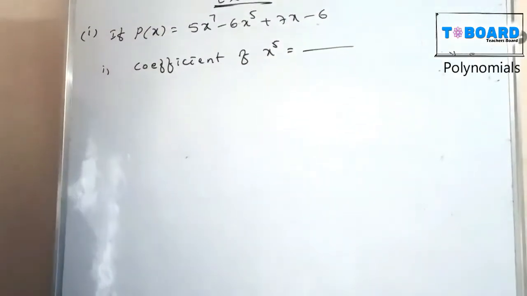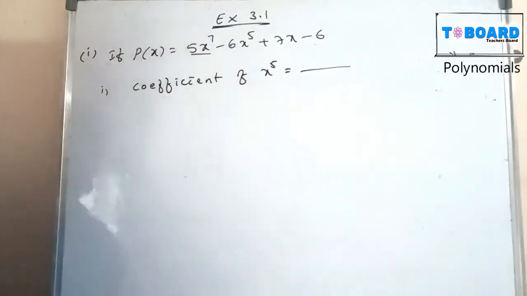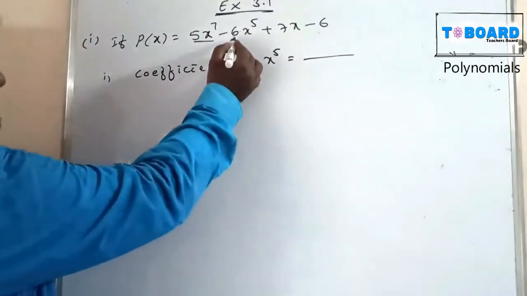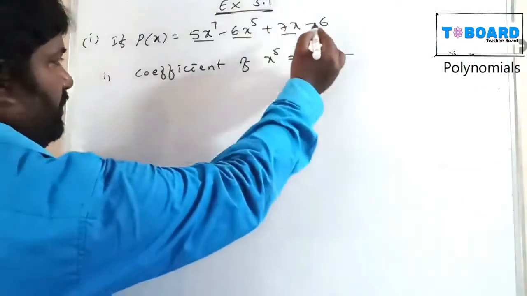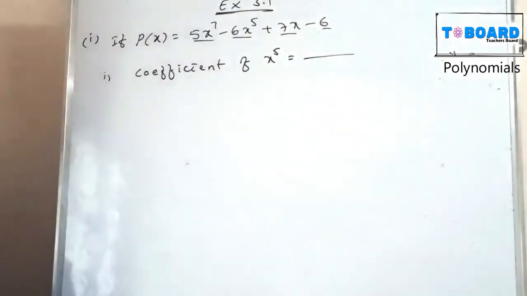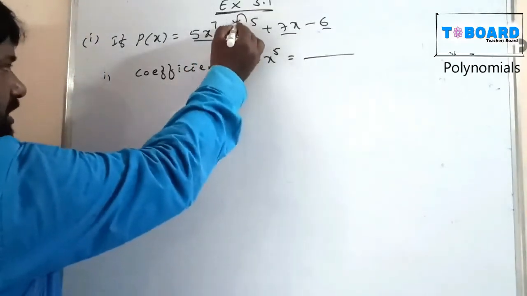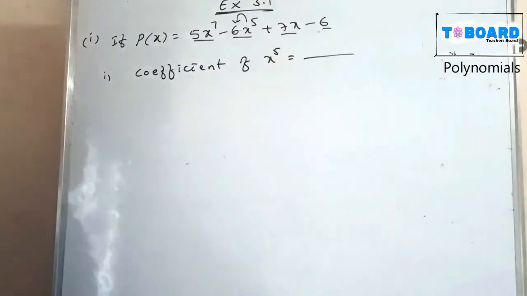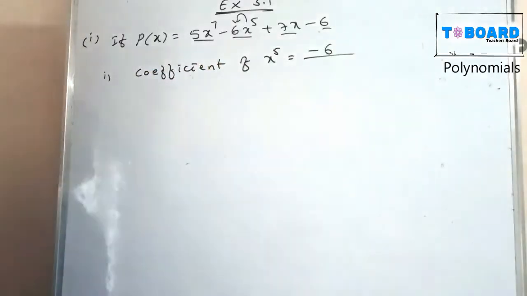Here the first one is the coefficient of x to the power of 7, the second is the coefficient of x power 5, the third is the coefficient of x, and the last one is the constant term. The coefficient of x power 5 is minus 6.